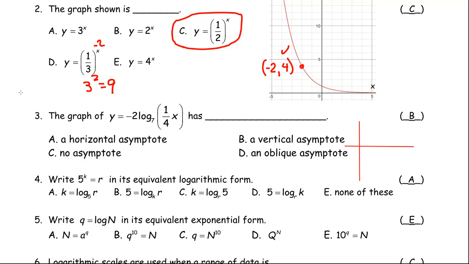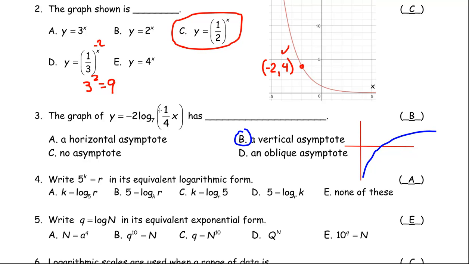Now, I'm not actually drawing the specific one, but all logarithmic shapes have this kind of shape. And so they have a vertical asymptote. The vertical asymptote would be something like that for a logarithmic shape curve. So that's why B is the correct answer for number 3.